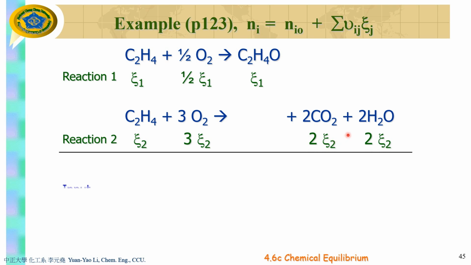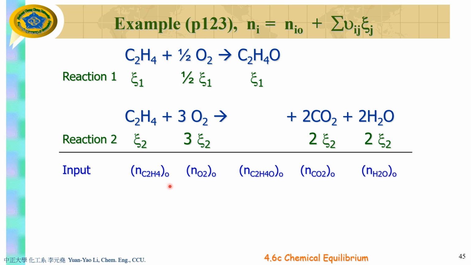So as a result, input is this one, right? Input is this one, and then reaction. Remember, this is input. We don't know this species, this species, this species, this species, and this species. So reaction will be 1 plus 2. So this is Xe1 plus Xe2, right? This is half Xe1 plus 3Xe2. This is Xe1.